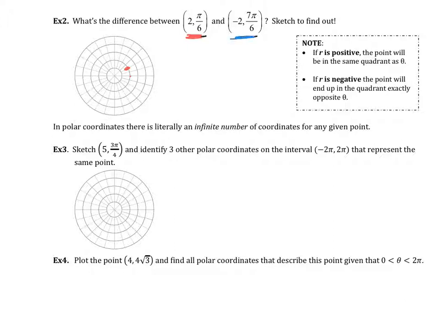Now if I do the second point in blue, I'm going to go negative 2, and I'm going to go 7 pi over 6. Remember, that's a positive rotation. This is 6 pi over 6, so 7 pi over 6 is going to end up exactly where the first point was. So what is the difference? There is no difference. They are the same point.